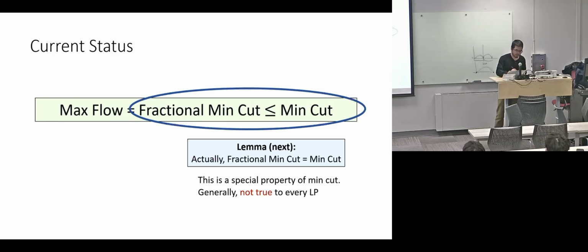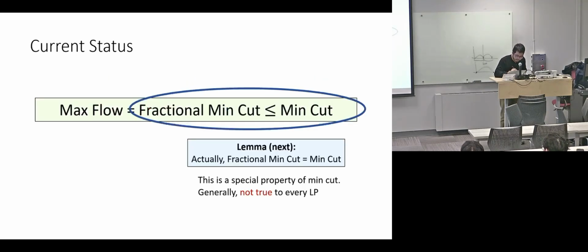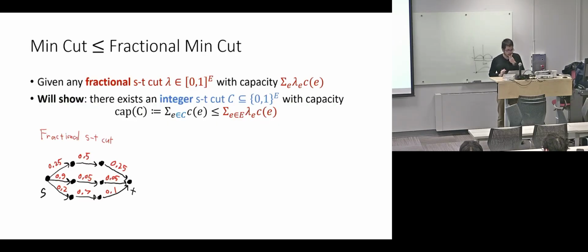Okay. So let me try to prove that they are actually the same. I want to prove that min cut is at most fractional min cut. So what do we want to show? Suppose that I give you any fractional ST cut, lambda here, and the objective is this much.